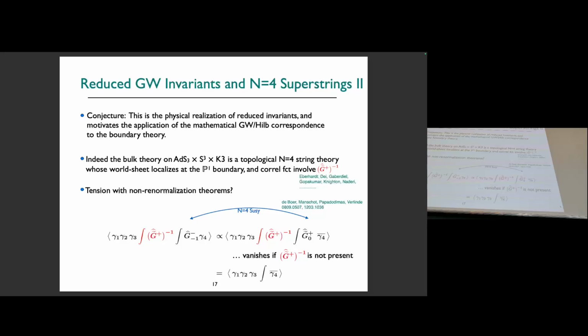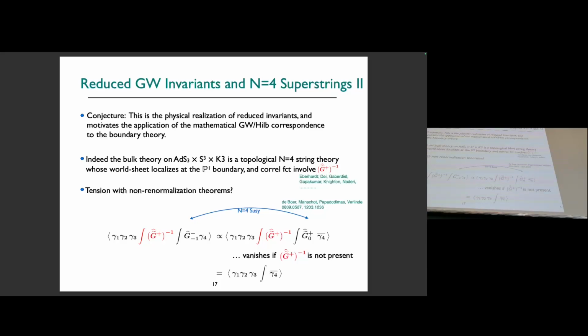This what I was just explaining applies to N equal 4 topological strings, which is not the same as N equal 4 supersymmetric sigma model at the boundary, but in fact, on the topological string side, namely the free field realization of this AdS3 cross S3 cross K3 as developed by the Zurich people, they use exactly twisted N equal 4 topological strings to compute correlation functions, and it also involves the inverse power of one of the supercharges.